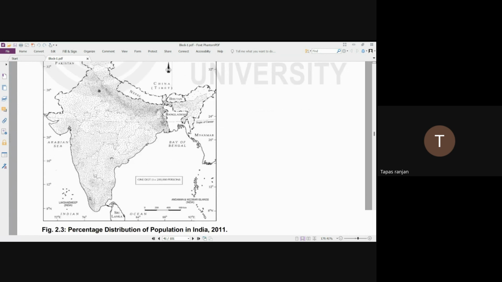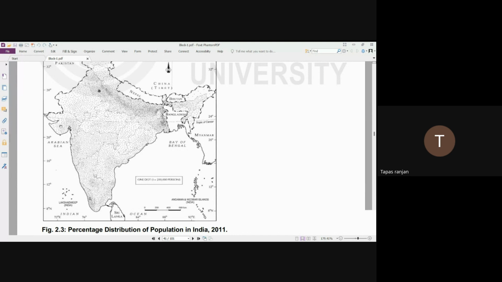Then comes the Deccan Plateau. The Deccan Plateau region is also inhabited by a high population. And even you can see the western coastal plains. The western coastal plain regions are also inhabited by a large population.